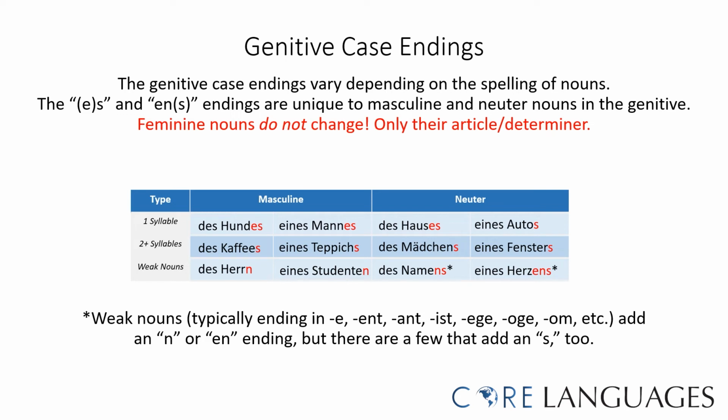Weak nouns, which are nouns that typically end in e, ent, ant, ist, ege, oge, om, and so on, add an n or en ending, but there are also a few that add the additional s, eines Herzens, for example.